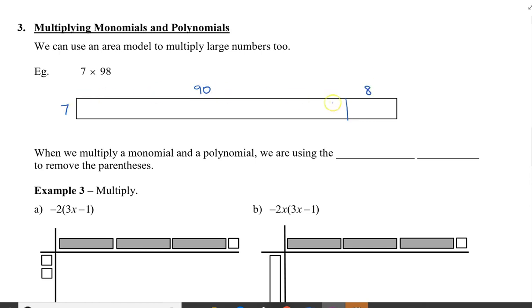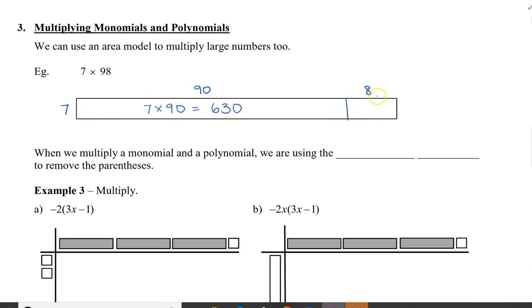So this length is 90, the smaller length is 8, but the entire length is 90 plus 8, which gives us 98. Now the purpose that we've done this is so that we can actually multiply these very easily now. So inside this longer rectangle in the first piece, we have 7 times 90, and we know how to do that because 7 times 9 is 63. And then we're going to add a 0 because 90 has a 0 in it there.